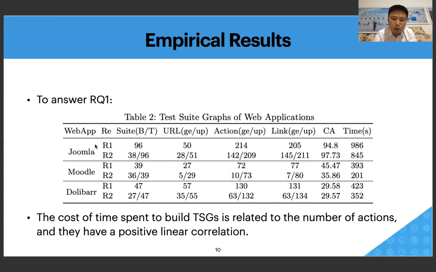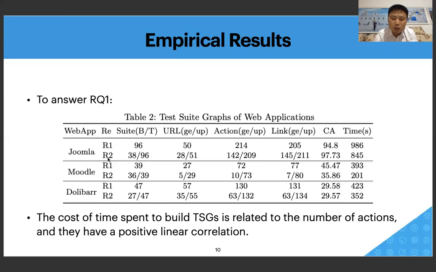Let's take Joomla as an example. For release 1 and release 2, we generate the test suite graph for both. For release 1, the test cases are not broken because all the test cases are useful for release 1.